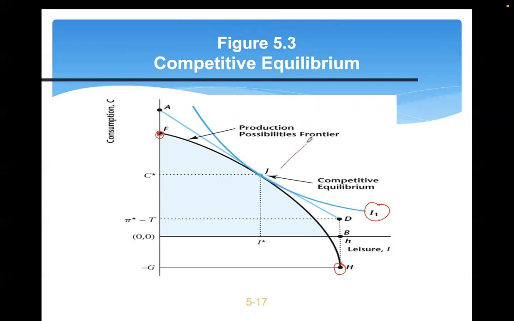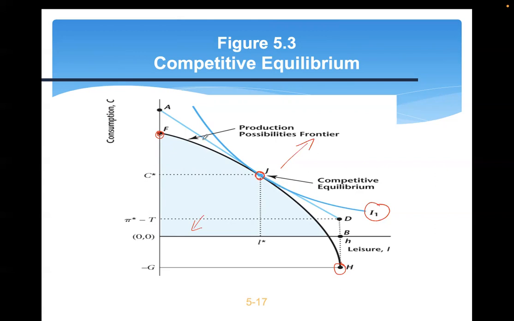Certainly the further away, the higher the utility, the better. The closer to the origin, the worse. In equilibrium, the best they can do is push the indifference curve further away from the origin until it is tangent with the PPF, and hence we reach here.